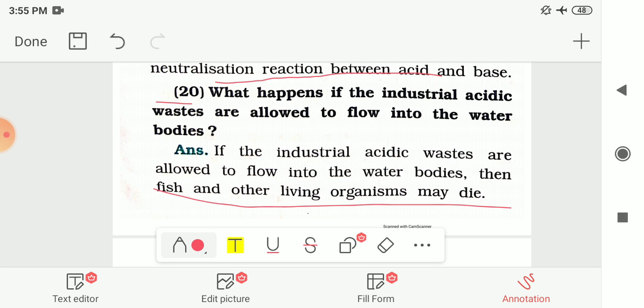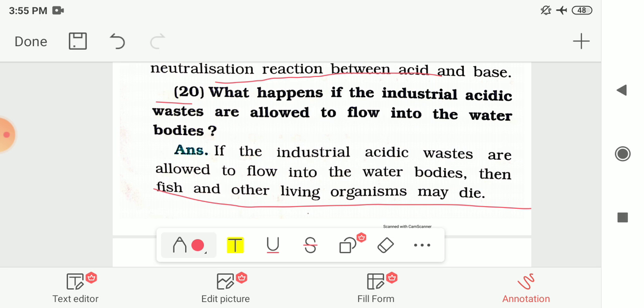If the industrial acidic waste is allowed to flow into the water bodies, then the fish and the other living organisms which are living in the water bodies may die because of the harmful effect of these chemicals. This is why before releasing this acidic waste into the water bodies, we are treating it, so the wastewater treatment or wastewater management process is there.